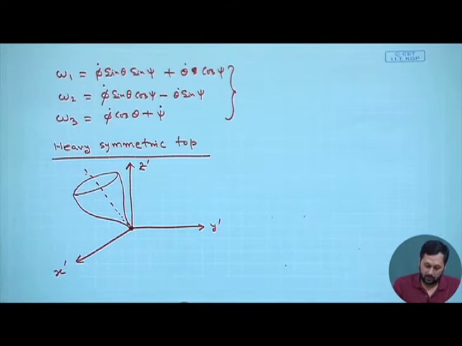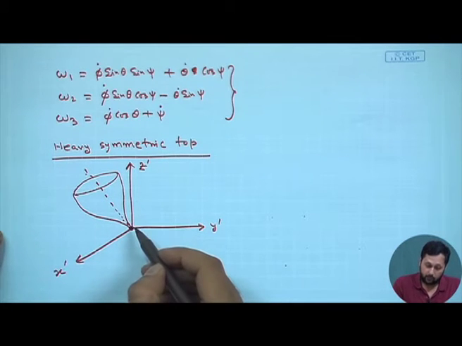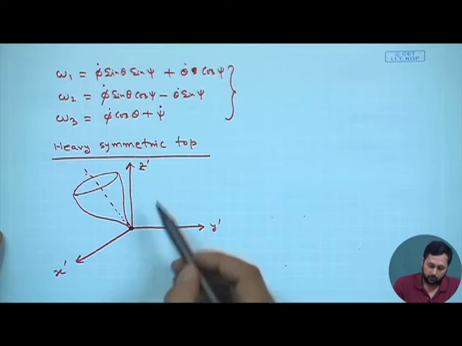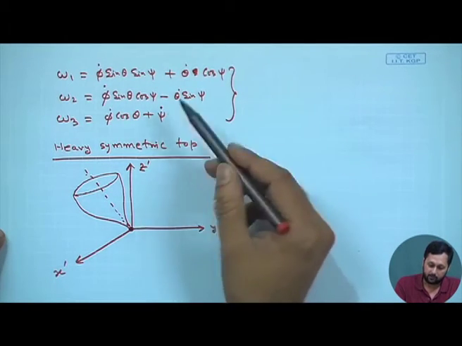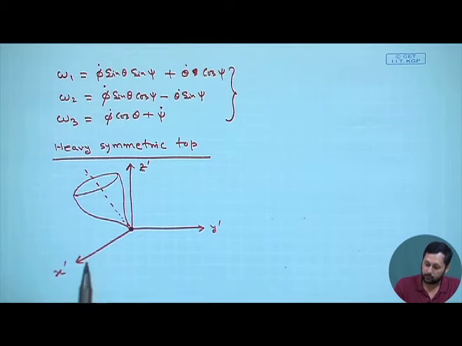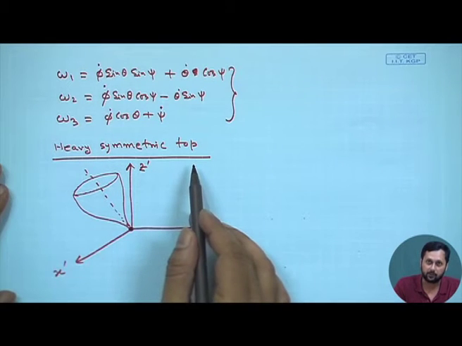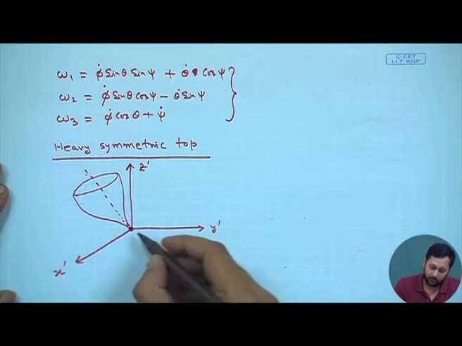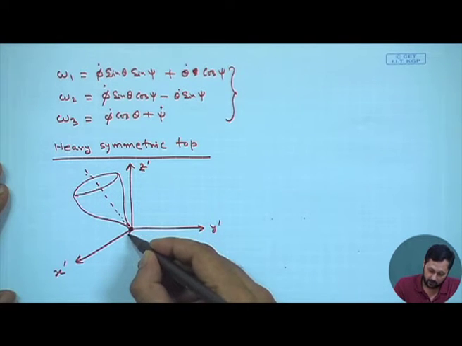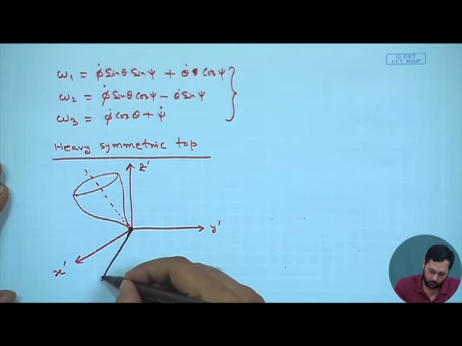Now, in order to write the equation, we can take omega 1, omega 2 and omega 3 and start from here. But because we have to do a lot of mathematics in understanding the heavy symmetric top, it is better if we take a coordinate system which is spinning along with the top.